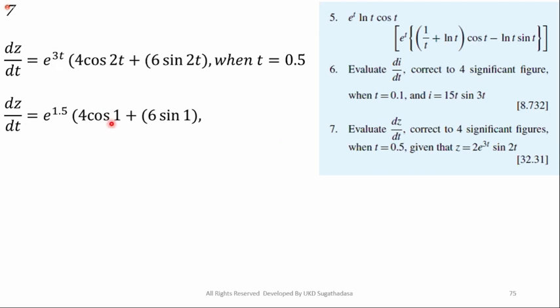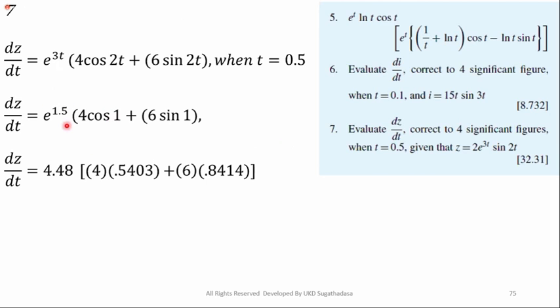Use the calculator. Even for the exponential e to the power 1.5, use the scientific calculator to calculate the exponential function. You can understand why scientific calculators include these functions: there are so many applications in engineering.